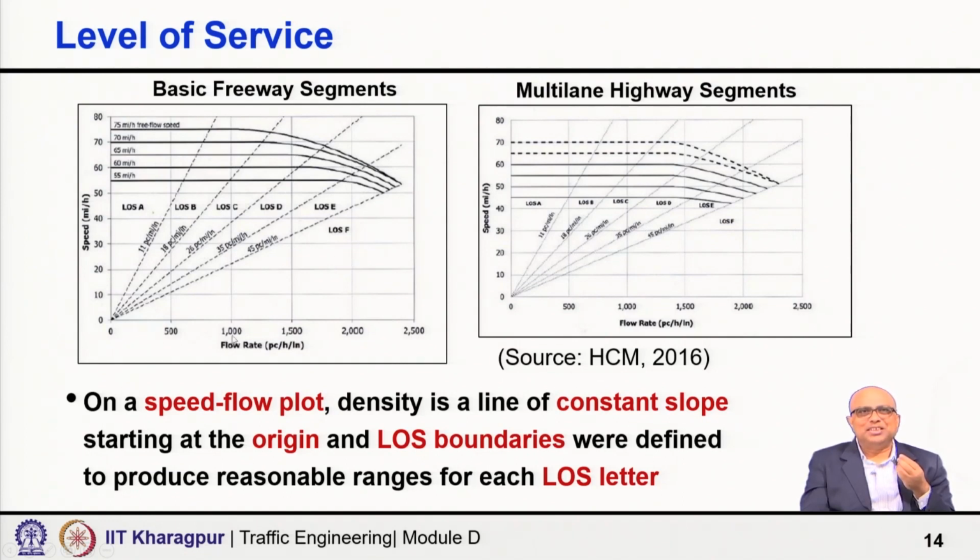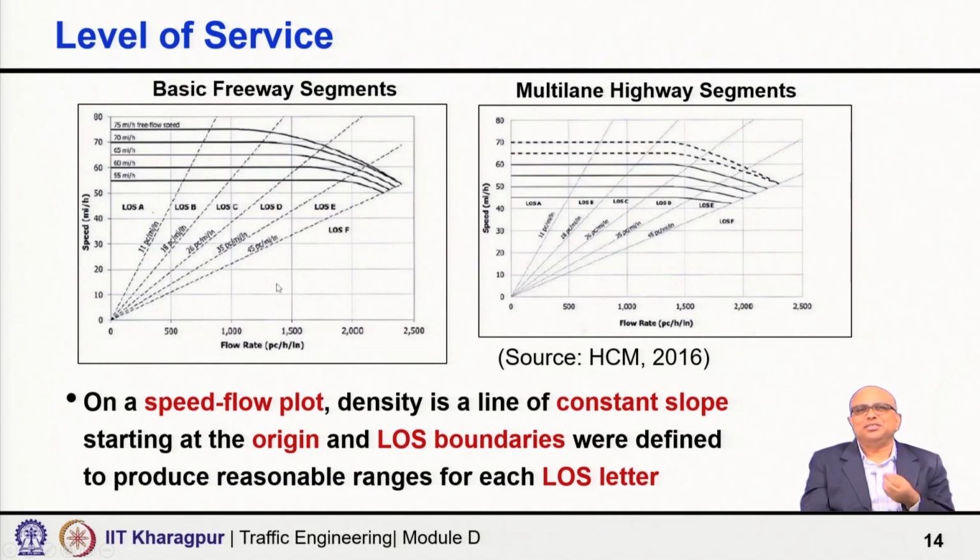To remind you that although flow and speed are mentioned, it is essentially a speed-flow curve, but density can also be mapped because speed, flow and density are related: density equals flow by speed. So the density threshold values can also be plotted.